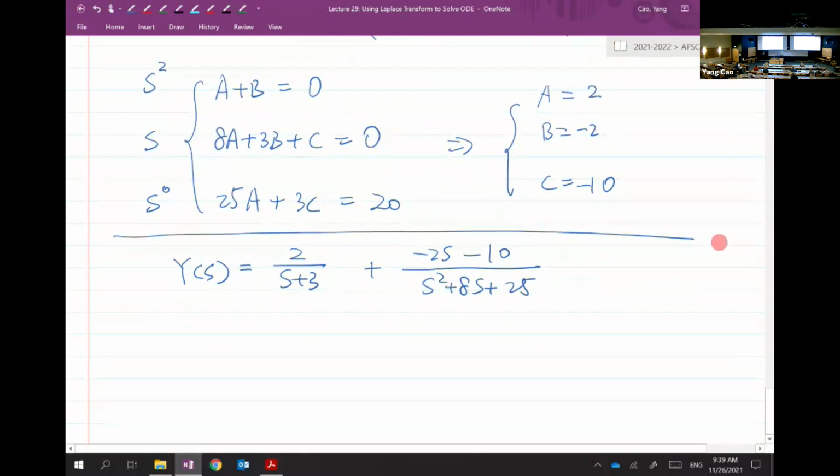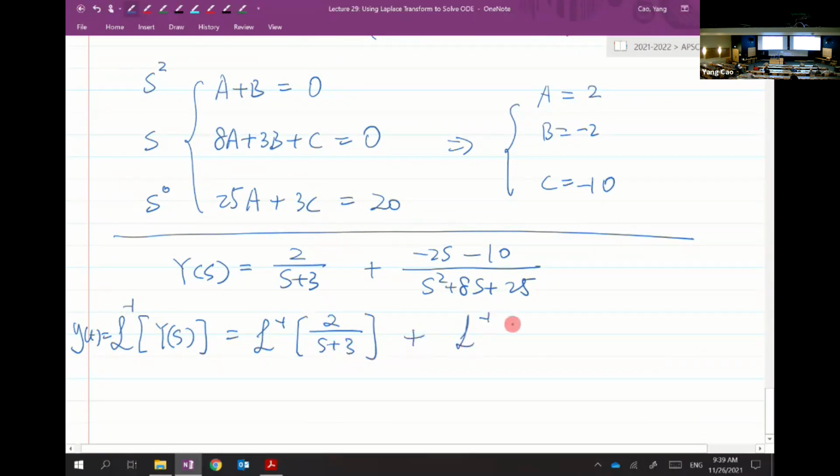So watch out for the next step. It's actually a tricky one here. The next step is to get the inverse Laplace. So inverse Laplace, you have the inverse of these two terms over here.